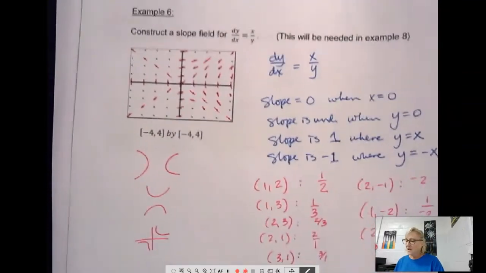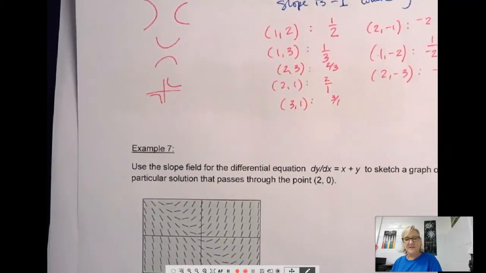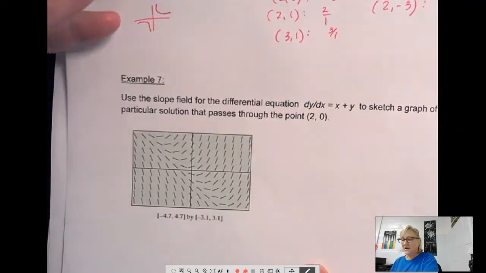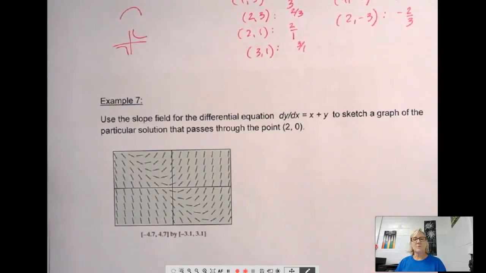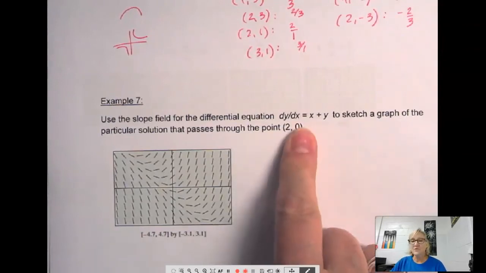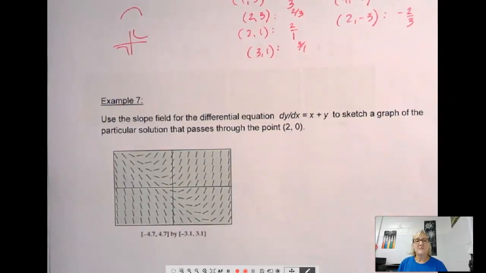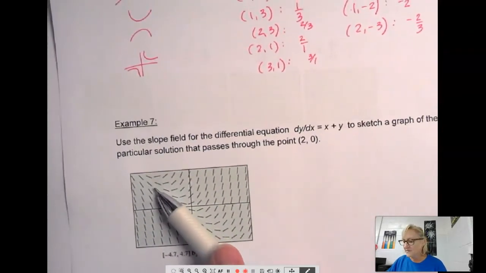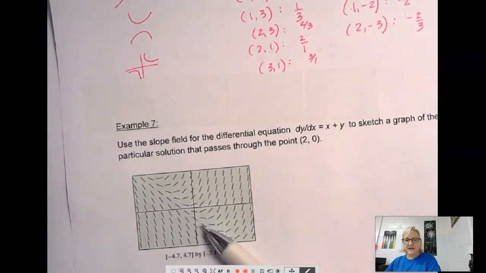Okay. All right. This one down here, the slope field is already made for us. But what we're going to do is use the slope field and this differential equation to sketch a graph of the particular solution that passes through the point 2, 0. Okay, you can definitely see on this graph that there's probably an asymptote right here, a diagonal asymptote.